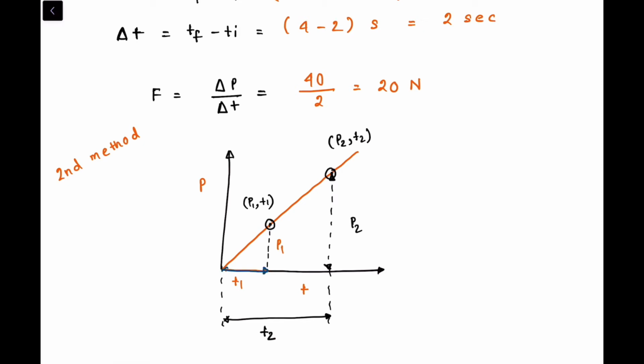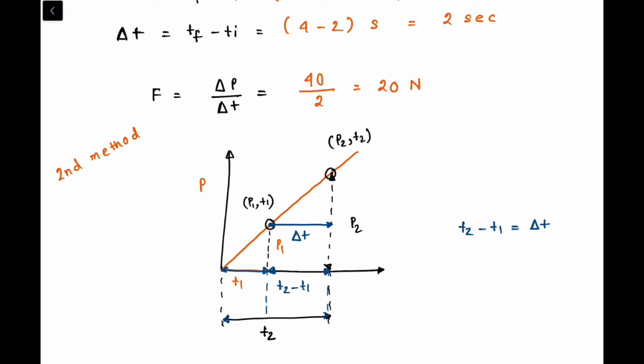This is T1 and this is T2, so this part will be T2 minus T1. That means this is the change in time, so that is delta T.